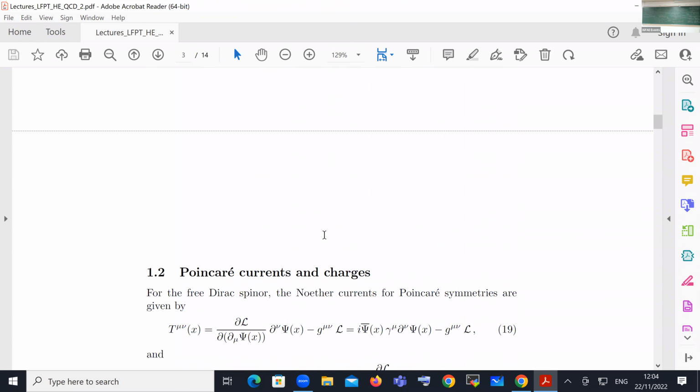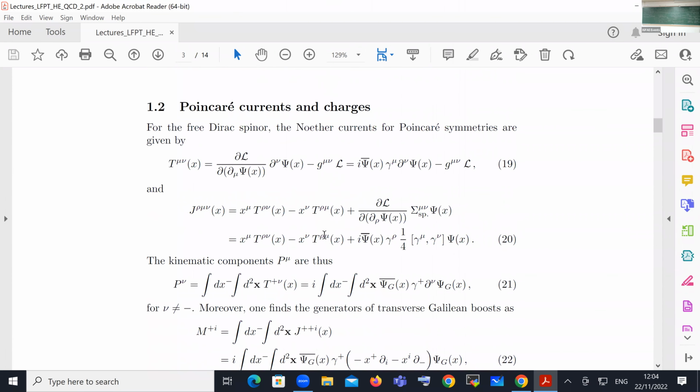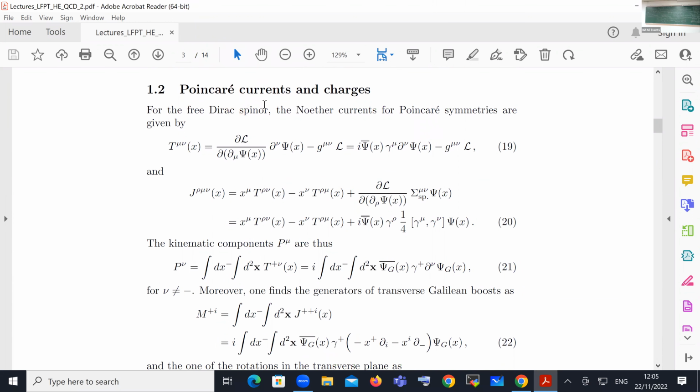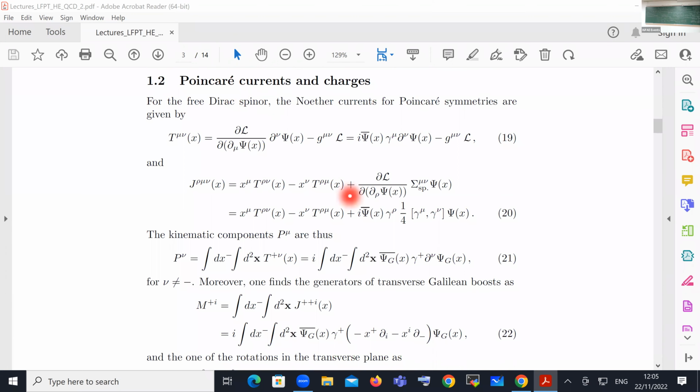Okay. So now that we have this, we can write down the current associated with the Poincare transformations. So we have the T mu nu, which can be obtained with the usual formula, and here we have this expression. Okay, fine.